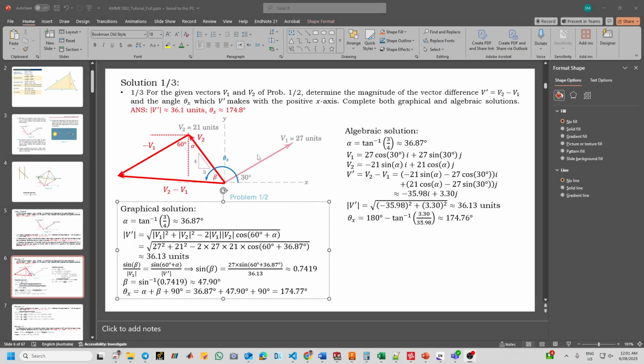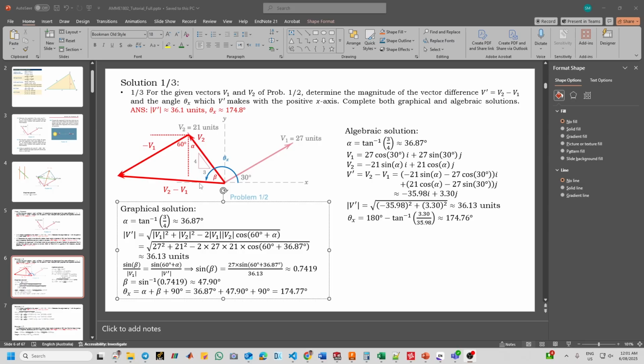Now for finding theta x, we need to find beta here. What is beta? I just move the v2 minus v1 here, and this is minus v1, because if v1 is directing that way, minus v1 is the opposite way.